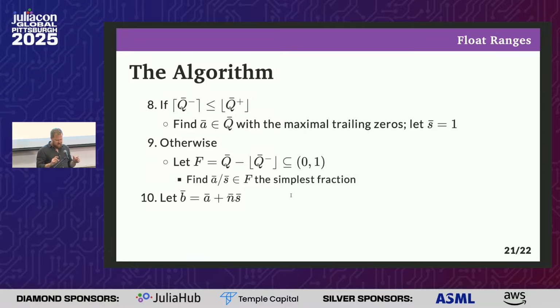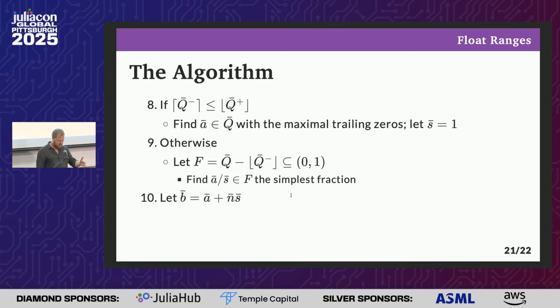So there are 2 cases here. If that range contains integers, that's what this property says, is there an integer in there? Then we just say that our grid ratio can be an integer over 1. So a over s can be an integer over 1. And that's what we do.